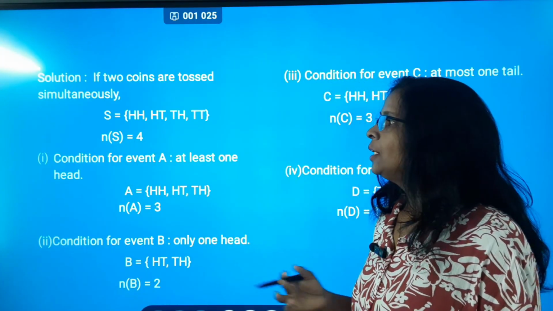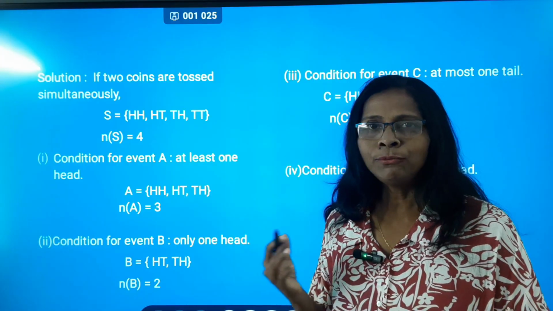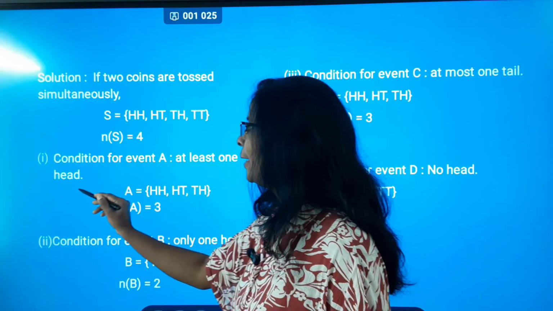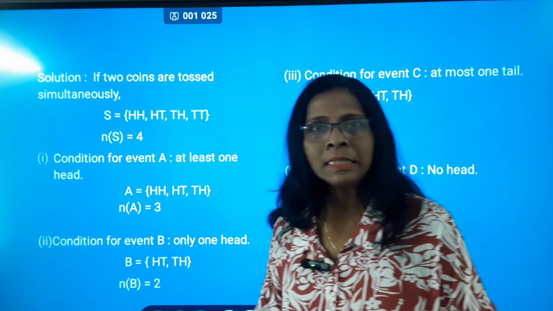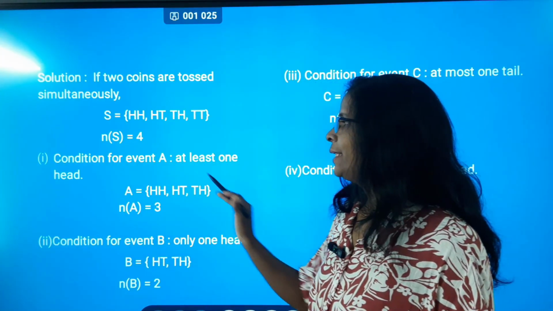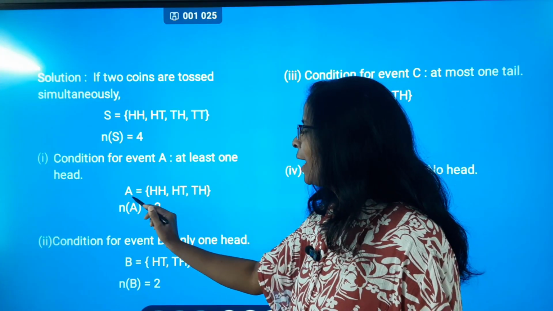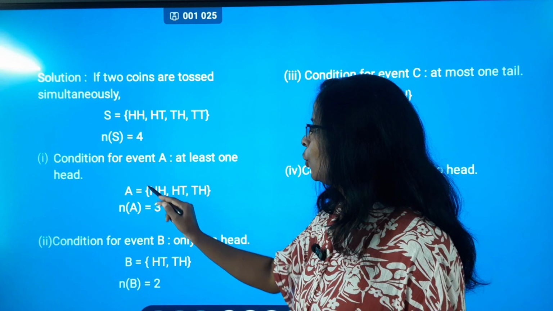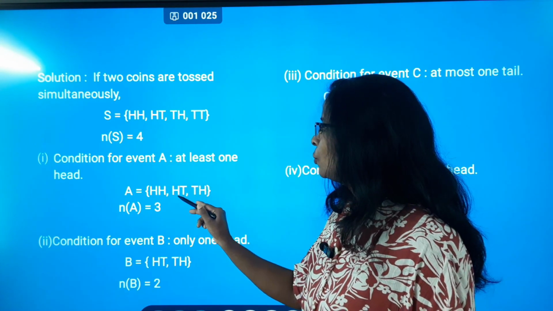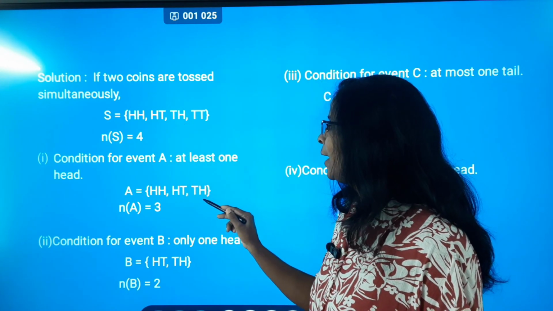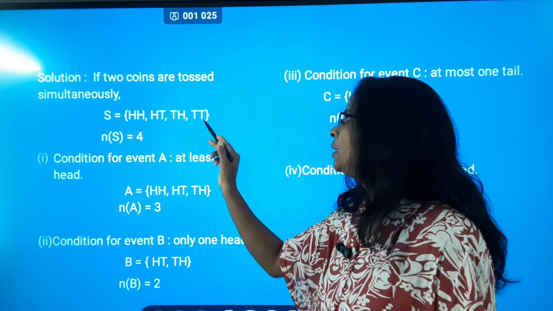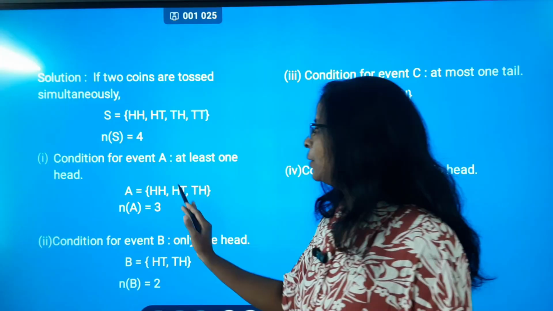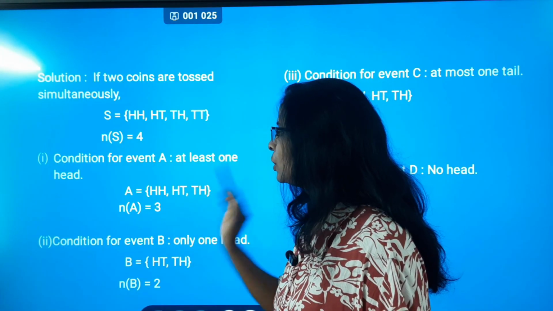Now come to the first event, at least one head, that is event A. A includes HH, HT and TH, but TT does not include a head, so we don't take it in this event. So n of A is equal to 3 here.